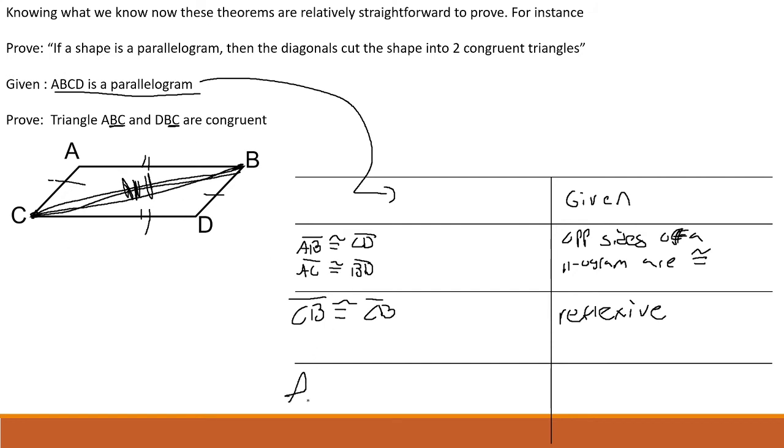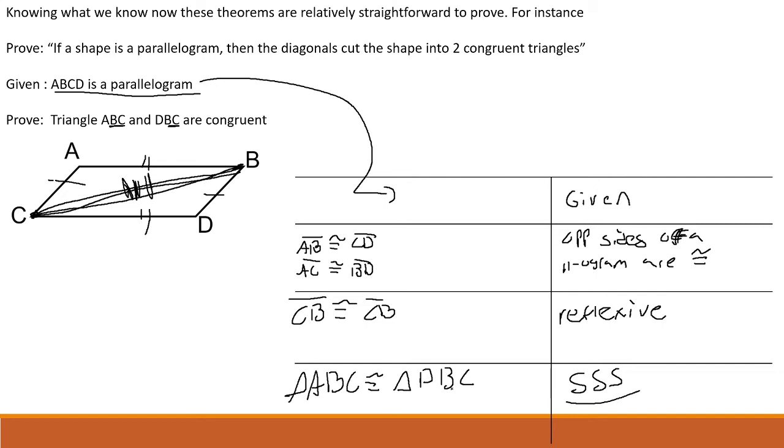So I know that triangle ABC is congruent to triangle DBC because of SSS. This is one of those 4 or 5 triangle congruency theorems that we talked about last chapter, and that proves that these two triangles are congruent.